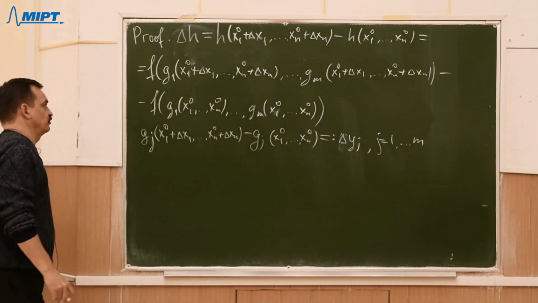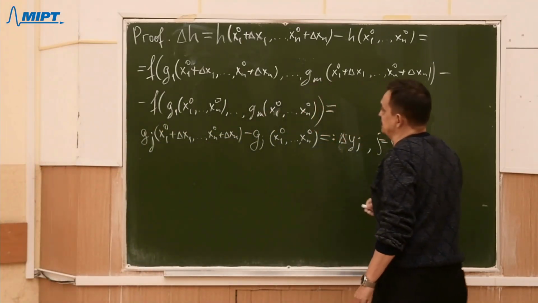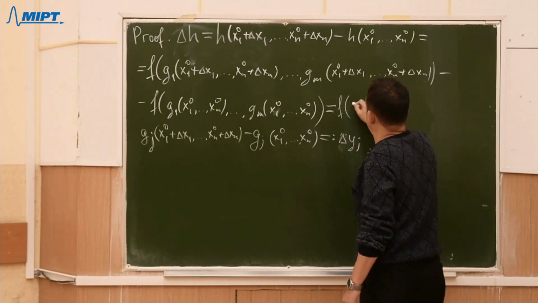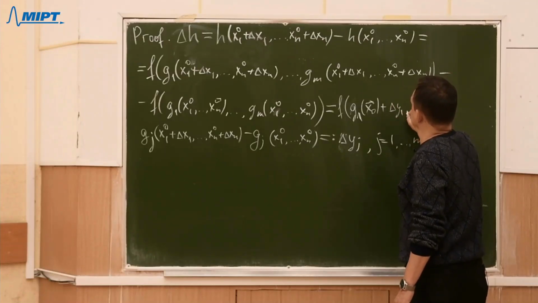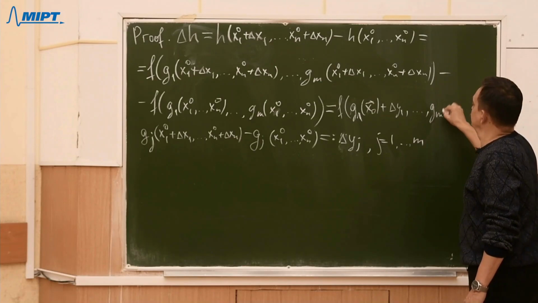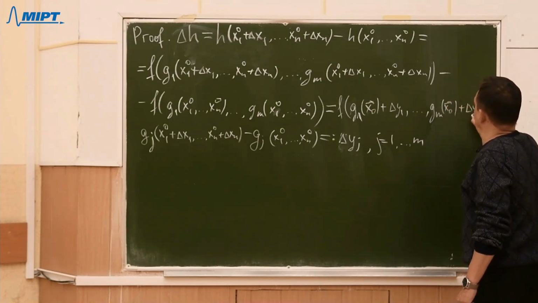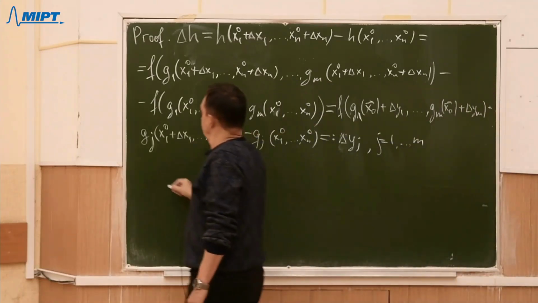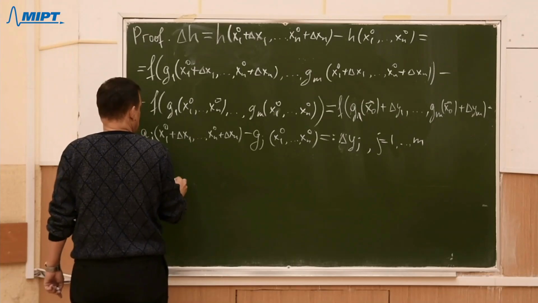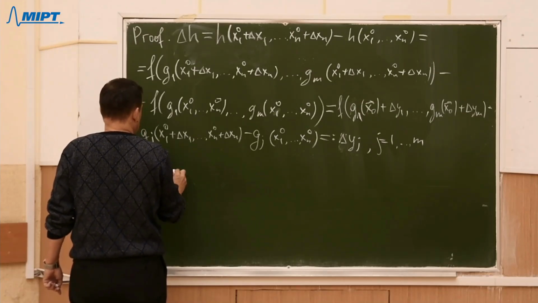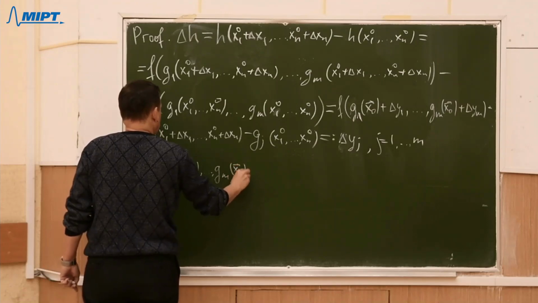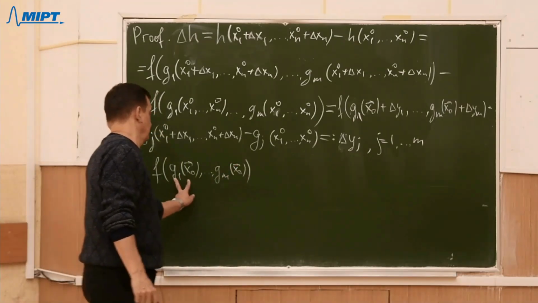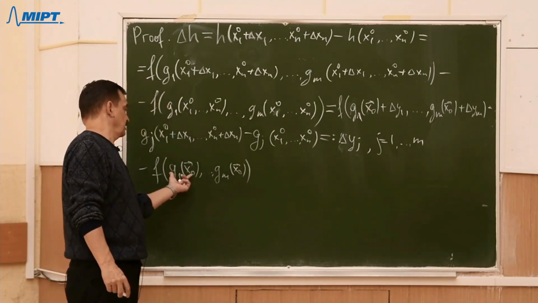So with the help of this notation, I can rewrite the difference as f of g1 at x naught plus delta y1, so on, gm at x naught plus delta ym, minus f at, okay, let me write it like that firstly. But remember that those gj's at x naught are yj's.